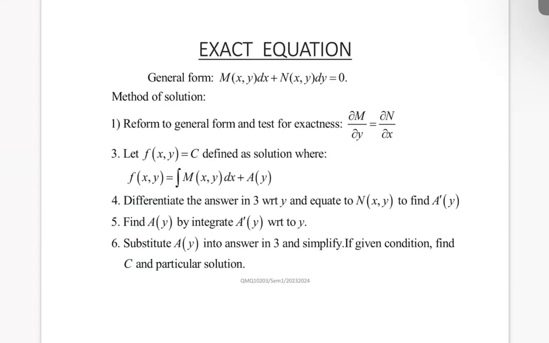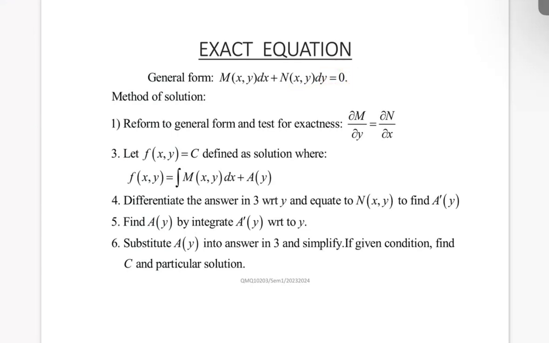So for the general form of exact equation, the differential equation must be in this form. We have a function M consisting of variables x and y, multiplied by dx, plus some function N(x,y) multiplied by dy. This must equal 0.